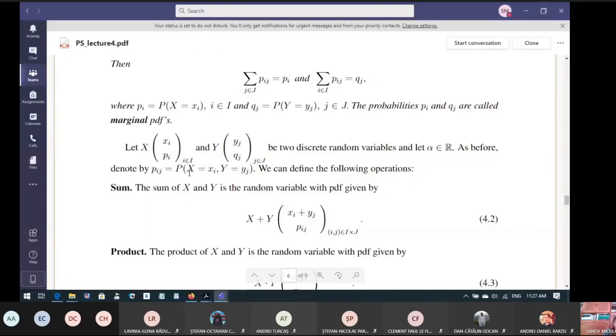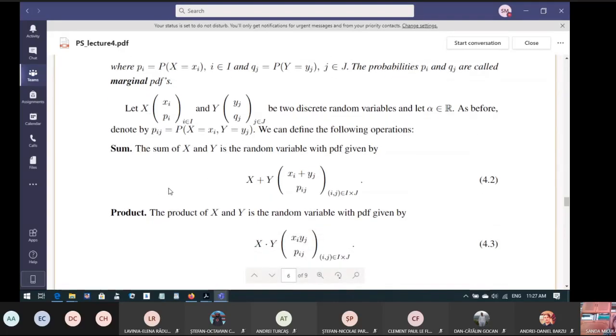We have the joint PDF of the vector. Then we can define usual operations of the two, like the sum. The idea is very simple. Whatever operation we're talking about, we always operate on the values, right? We want the sum of X and Y. We're going to add the values of X and the values of Y, right?